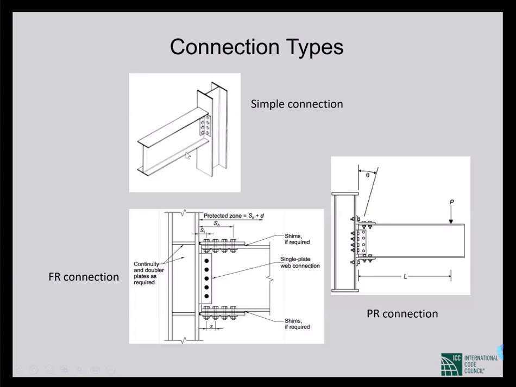So the flanges of the I section of the beam should be rigidly attached to the columns if we want to transfer the flexural stresses. But in case of simple connection, these flanges are not attached to the column flange. Only the connectivity is provided through the web of the beam.